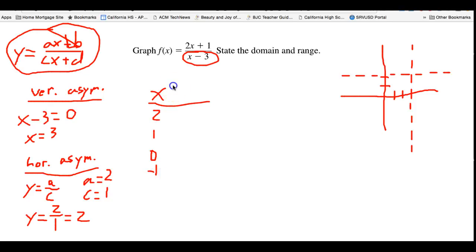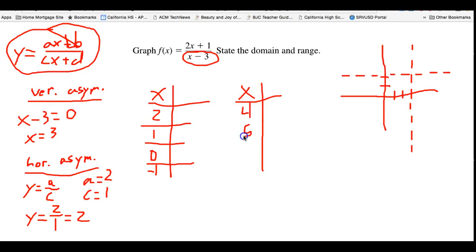Those would be good points to find for the left-hand side of our hyperbola. And on the right-hand side, we would want to find values to the right of this. So 4, 5, 6, 7. These would give us a good scattering of points, enough to draw our hyperbolas.